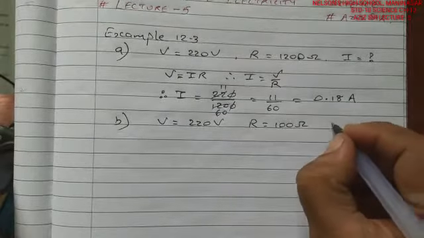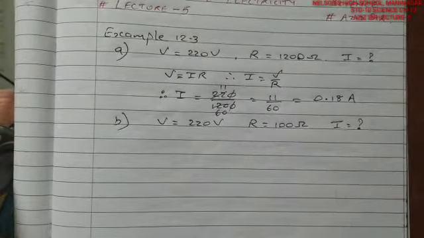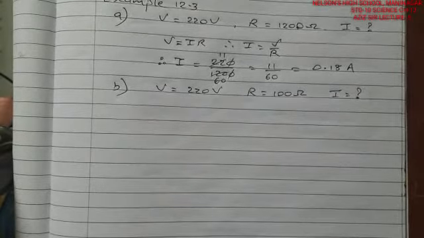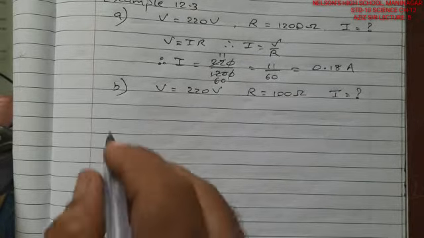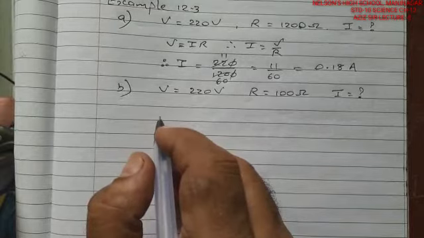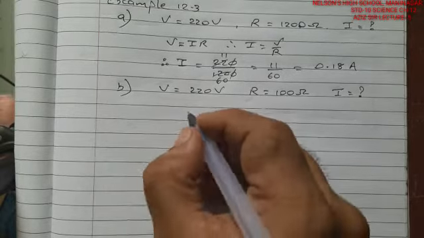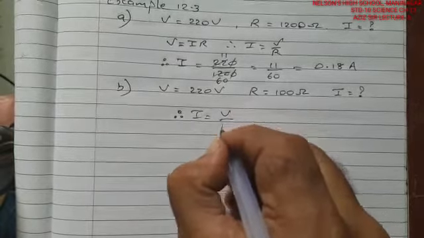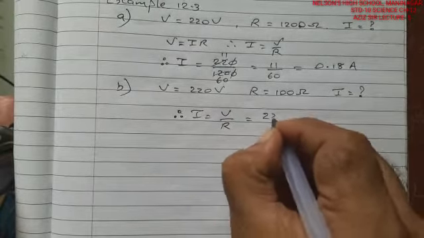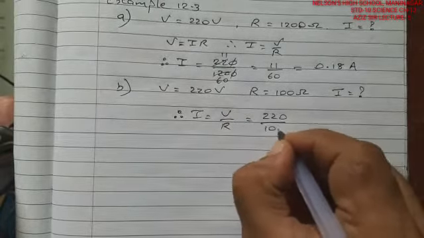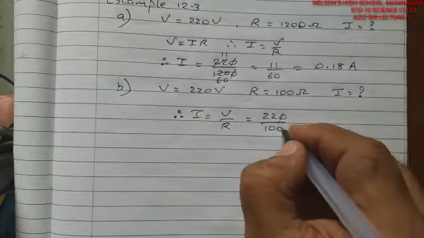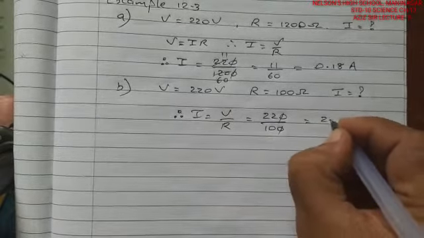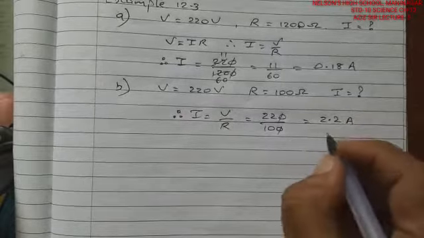Here also we are supposed to find the current which is drawn by the electrical heater. Same formula, so I is equal to voltage upon resistance. Here the voltage is 220 volts and the resistance is 100 ohms. So cutting the zeros, the answer comes out to be 2.2 ampere current, right?